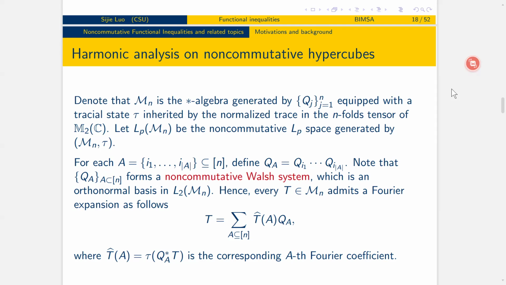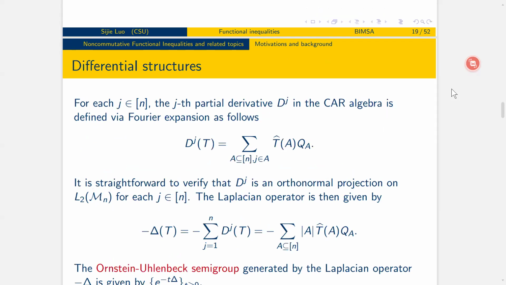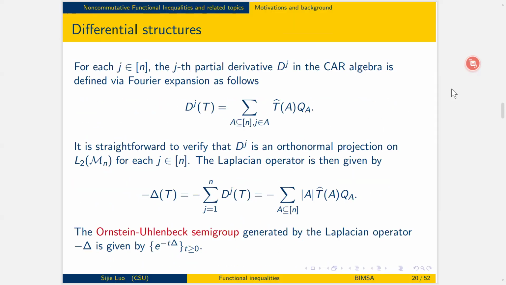Now we can similarly define the partial derivative via Fourier expansion: we choose the projection onto those A that contain the coordinate j. When we sum these d_j together, we get the so-called number operator, and minus the number operator is called the generator. Once we have the generator, we can get a semigroup. Then we can do some research.